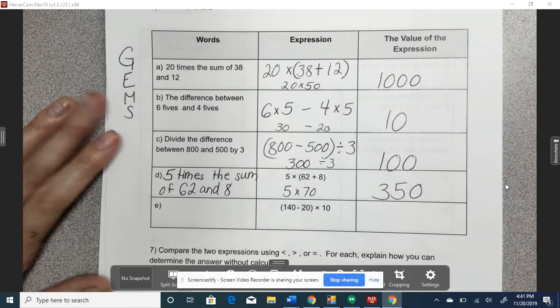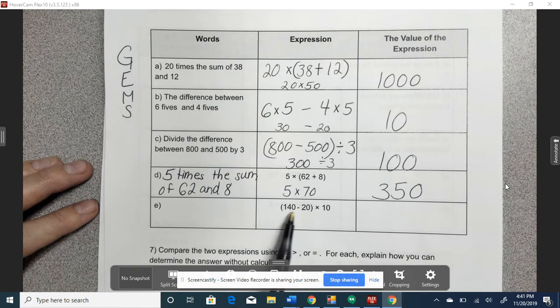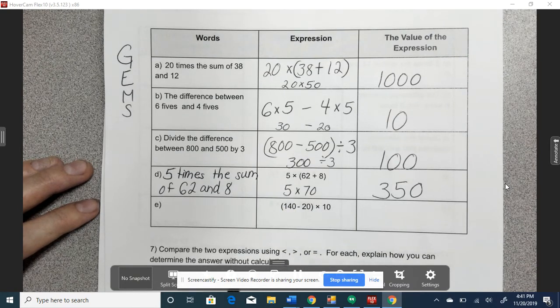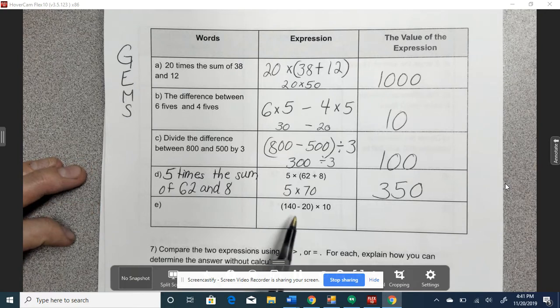All right, last one in the chart. 140 minus 20 times 10. Well, I know when I'm subtracting, and especially when it's in parentheses, I need to do that first. I know the word to the answer to a subtraction problem is difference.